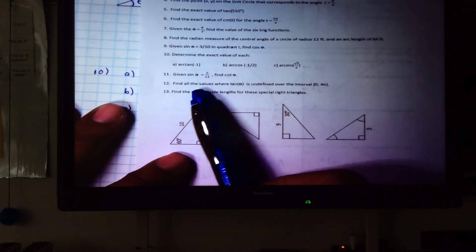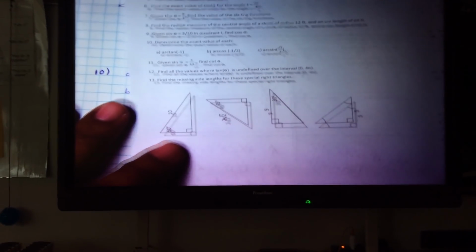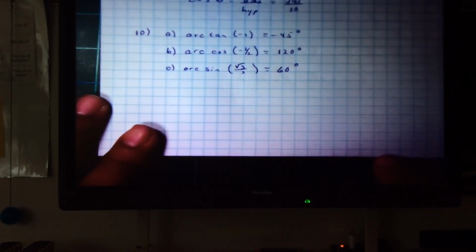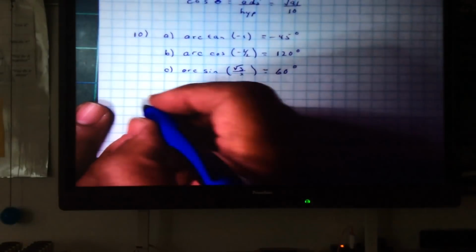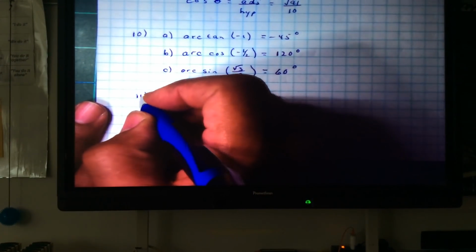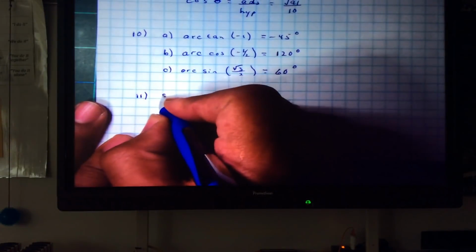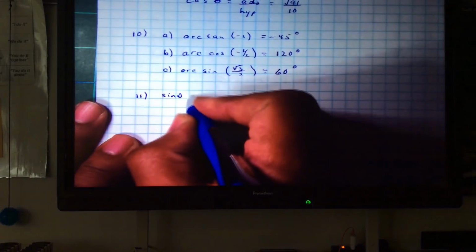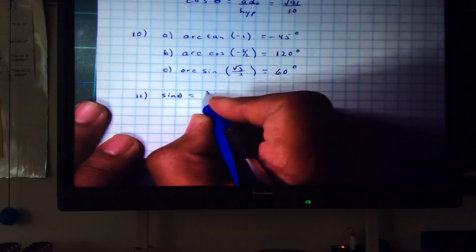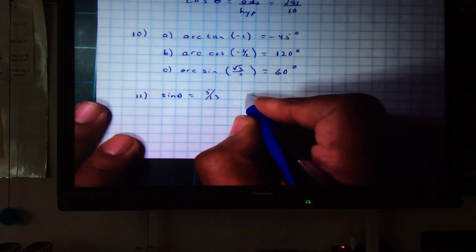Given the sine of theta is 5 over 13, find the cotangent of theta. So for number 11, the sine of theta is 5 over 13, and we want the cotan of theta.